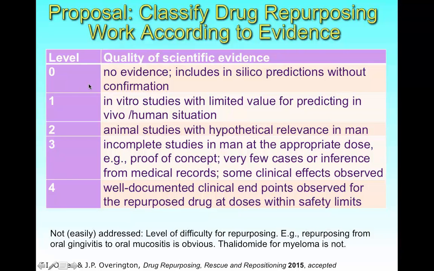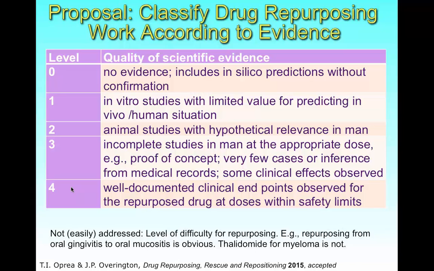Every month more and more papers are published in journals such as PLOS Computational Biology that completely lack any experimental evidence. I would call that level 0. Level 4, of course, is on label and well documented. In between there are degrees of scientific evidence: first in vitro, second animal studies, and third proof of concept.